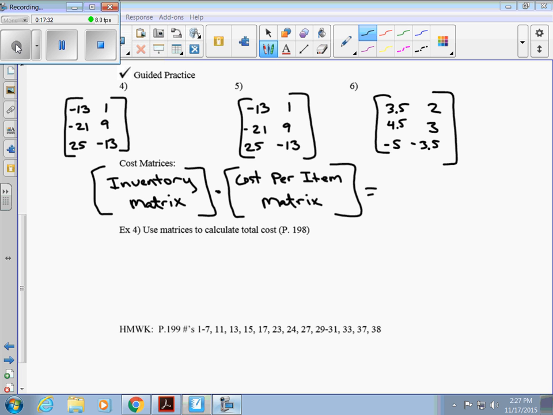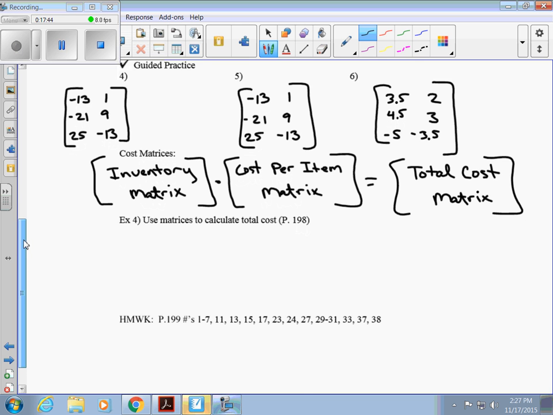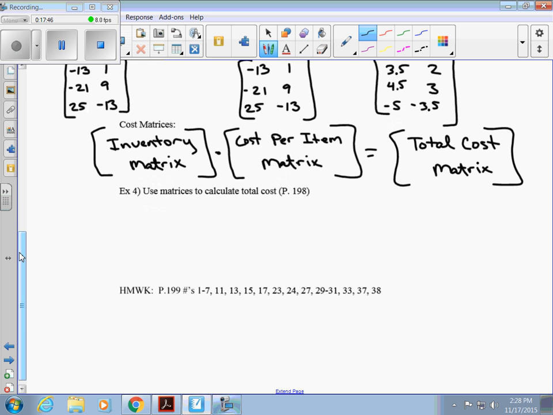And that is going to give us the total cost matrix.